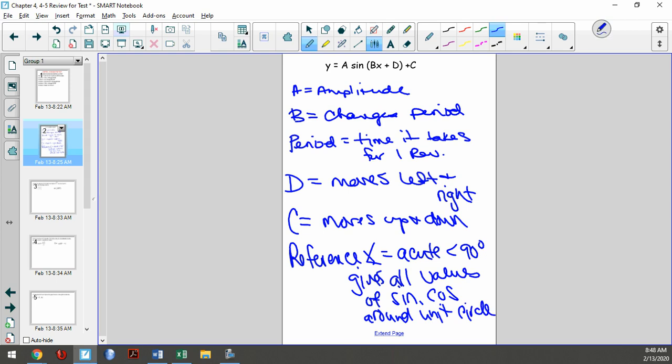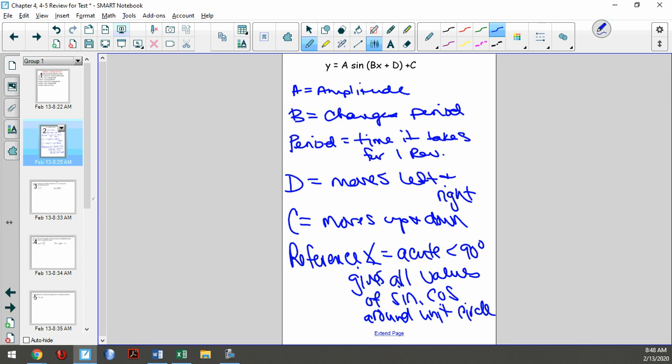It gives all the sine and cosine values around the unit circle. The only thing that would change is if it was positive or negative based upon the quadrant you're in, right?